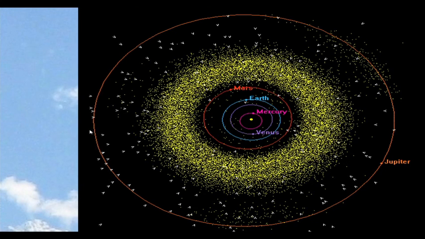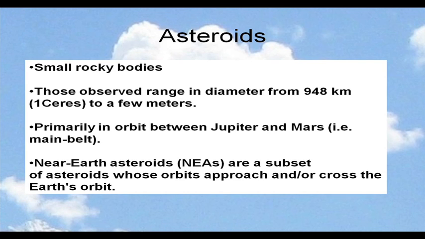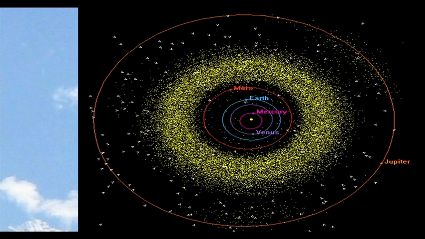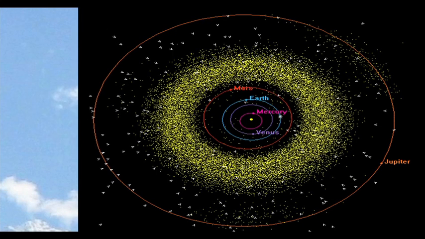This picture shows you the main belt of asteroids, and this belt is located between the orbit of Mars and the orbit of Jupiter. Remember that the orbit of Mars, the outermost of the inner planets, is at 1.5 astronomical units.